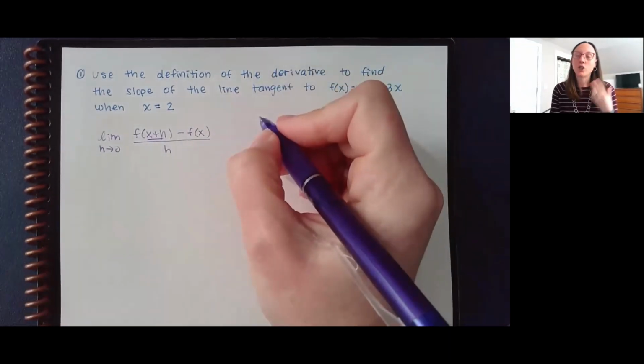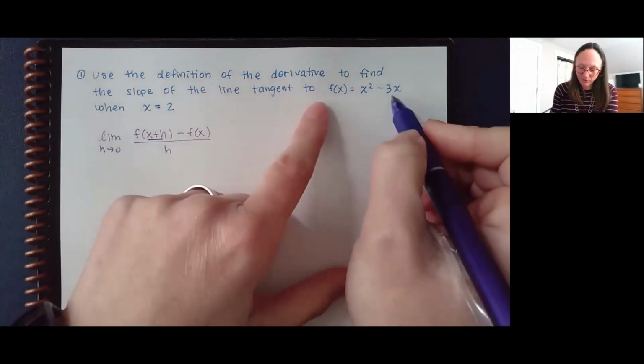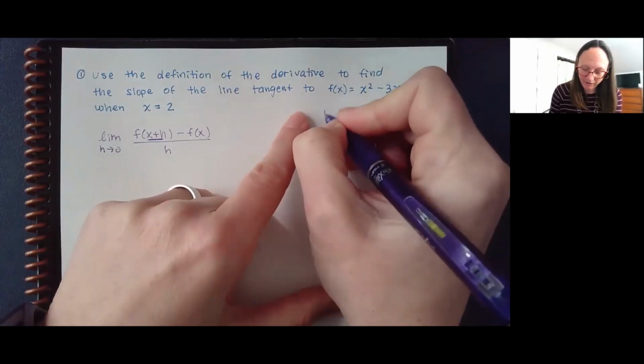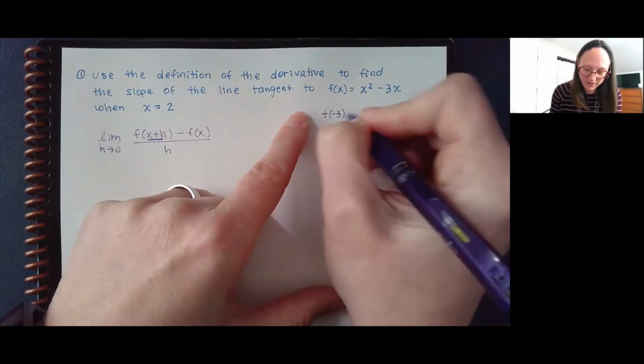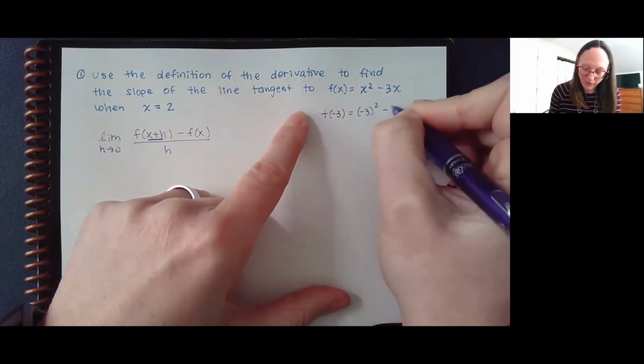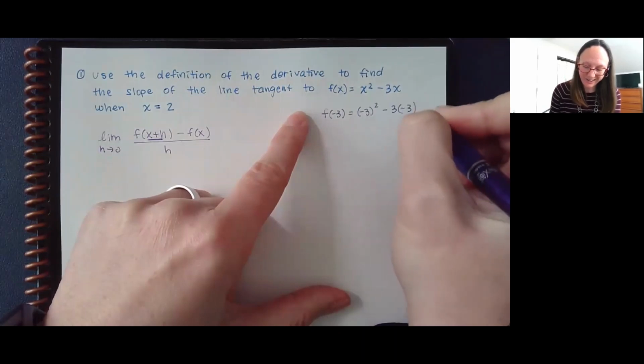Whenever you're in doubt, try plugging in numbers to get a sense of what's happening in the problem. So if I think about, here's my function. If I wanted to know what f of -3 was, that's going to tell me to plug in -3 everywhere that I've got an x.